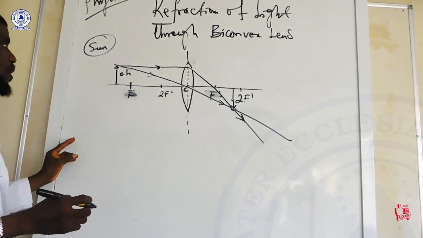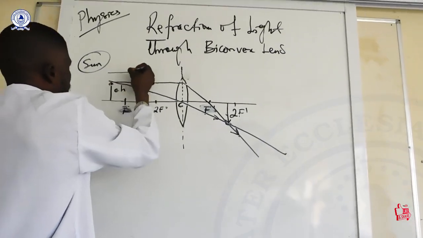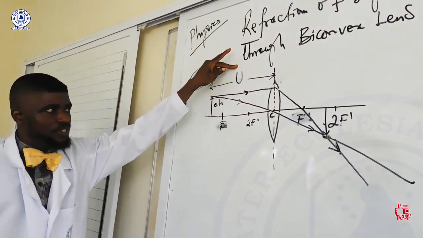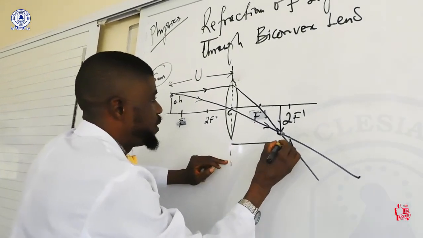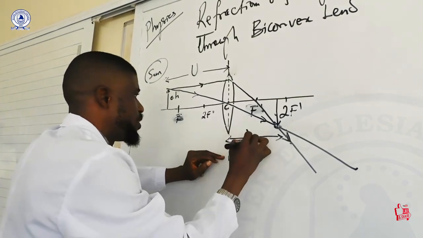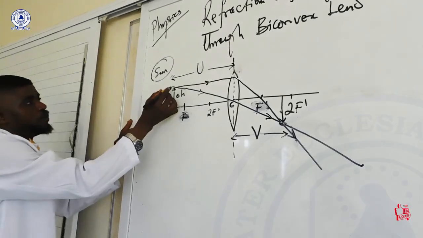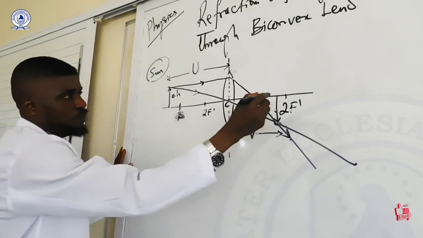So the geometry proper. Where the object is placed to the center of the lens is called what? The object distance. And where the image is formed to the center of the lens is called what? The image distance. From this point to this point is called what? The object height. And from this point to this point?